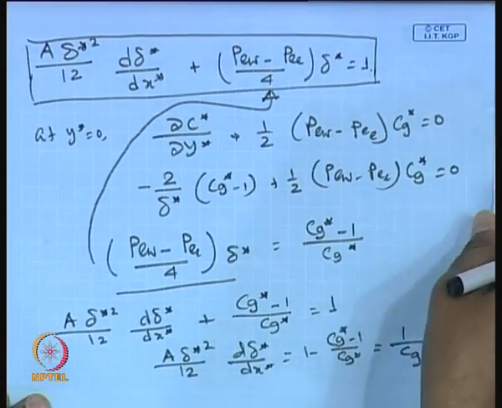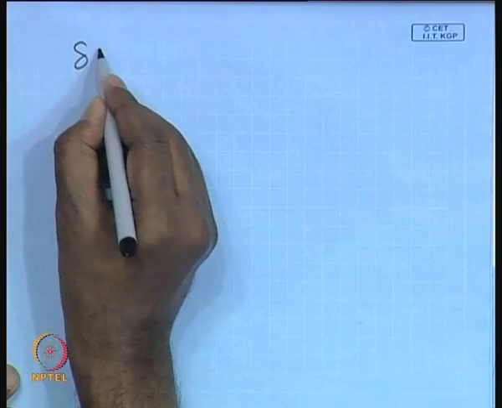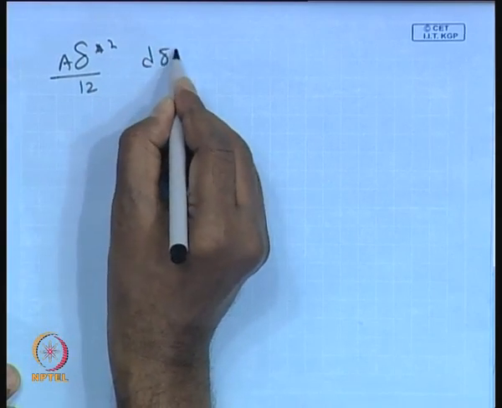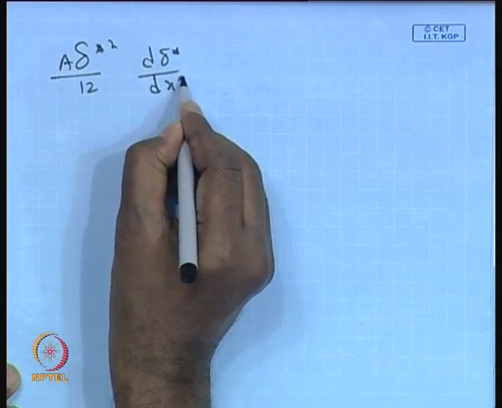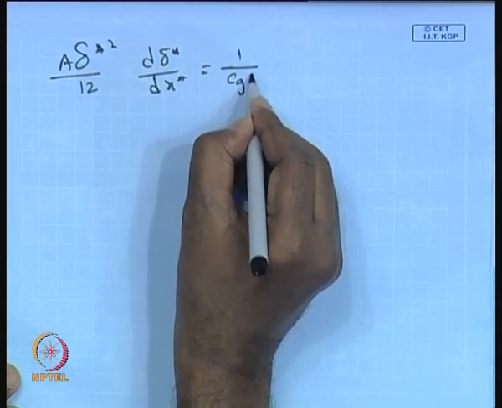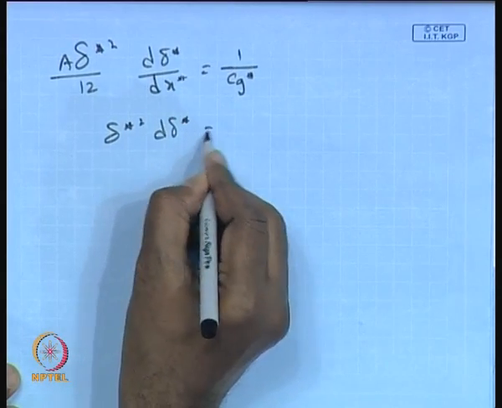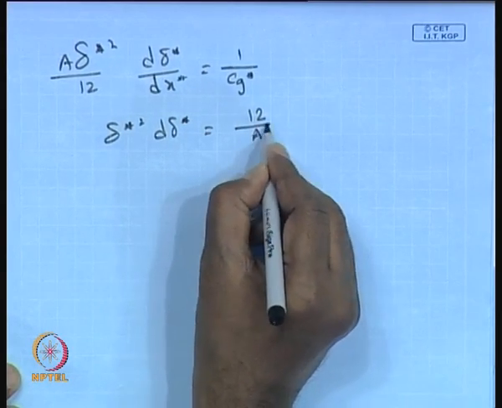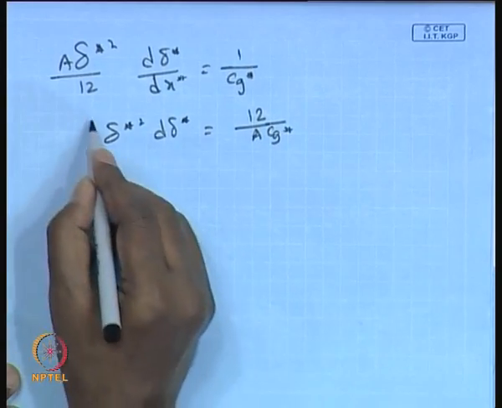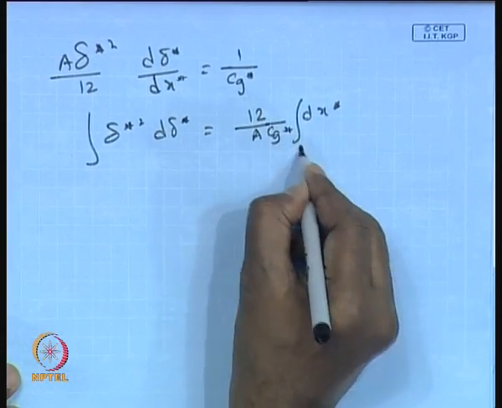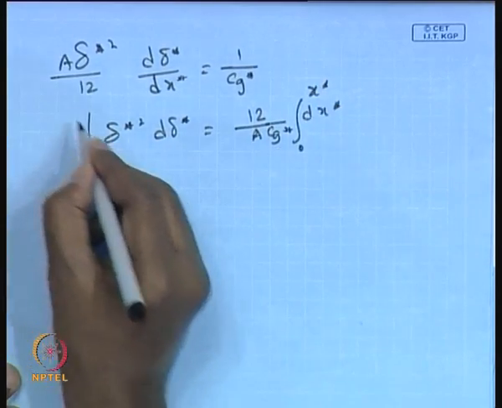Okay. So, next we separate the variables and see what you get. A delta star square by 12 d delta star dx star is equal to 1 over C g star. So, delta star square d delta star is equal to 12 by A C g star times dx star, right, from 0 to x star, and this will be from 0 to delta star.